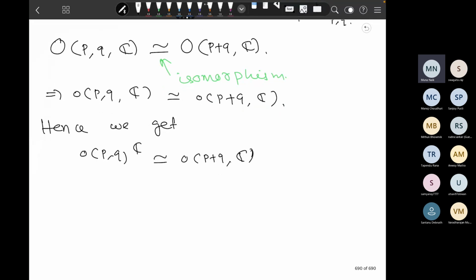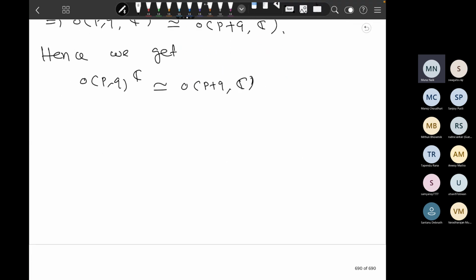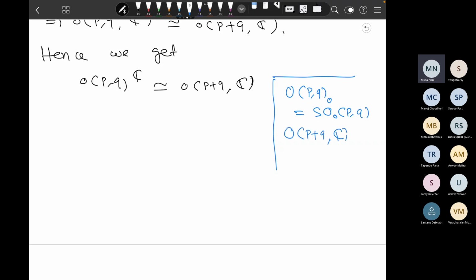Now I have told you that O(P,Q) naught is really SO naught. So let us write here: this thing O(P,Q) naught is really SO naught(P,Q), and O(P+Q)^C naught is really SO(P+Q)^C.